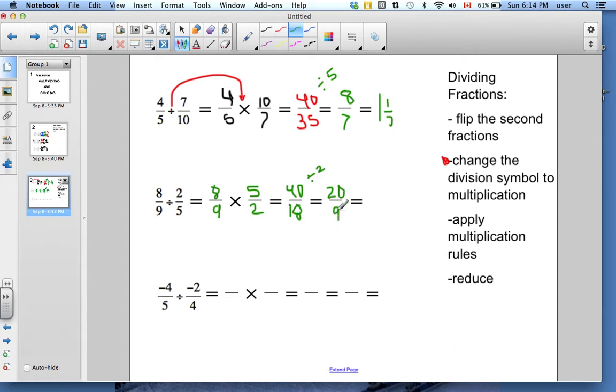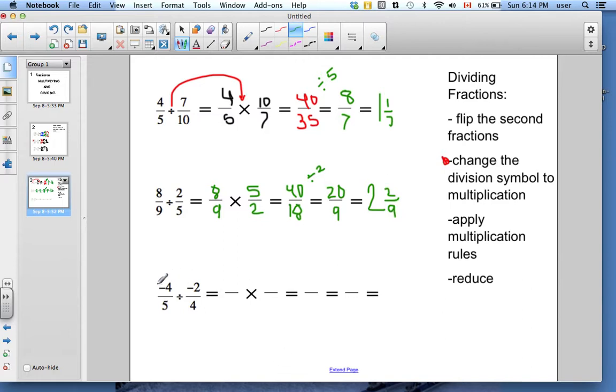Now we're going to say, how many times can 9 go into 20? 9 goes into 20 2 times because 9 times 2 gives us 18. So we're going to write the number 2 as our large number. What we have left over is 20 minus 18 gives us 2. So we have 2/9 left over. Remember, we write the denominator as the same number.